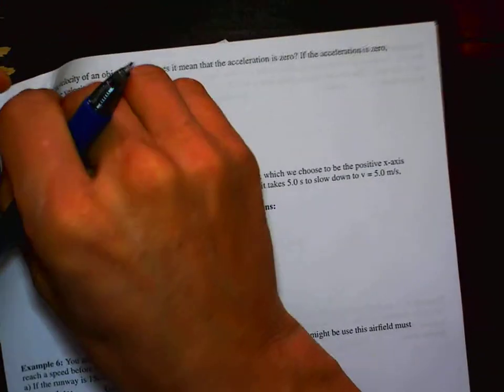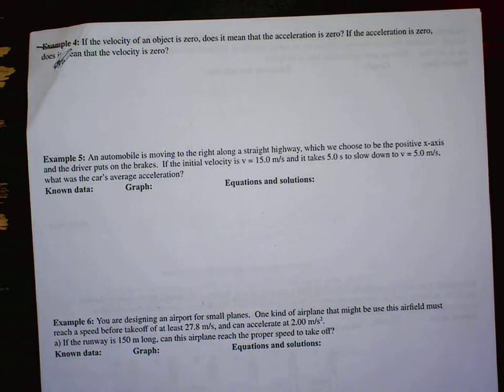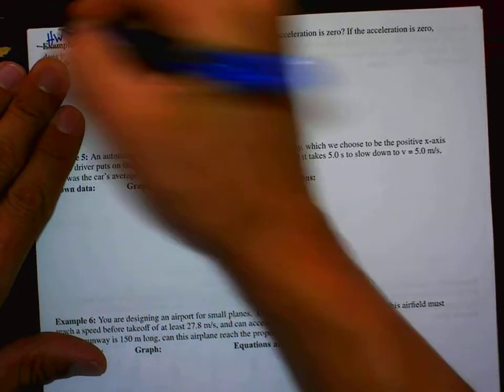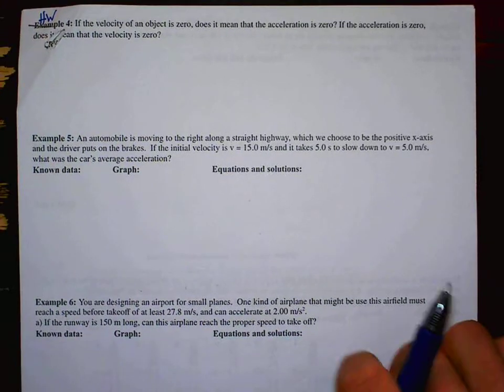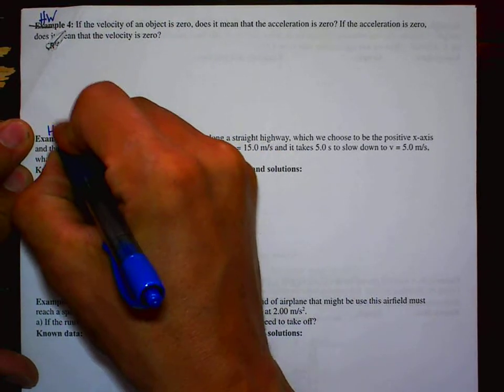Example 4 here, that one is homework. And like I said, you're going to get a ton of time today in class to do that. Also on your own.